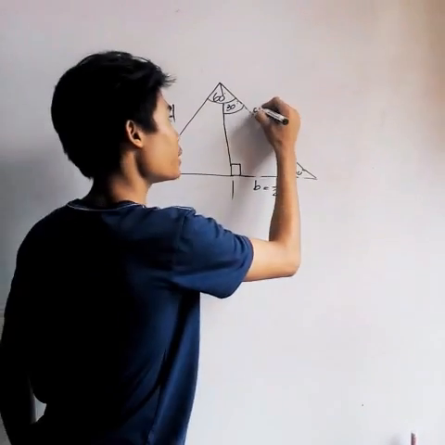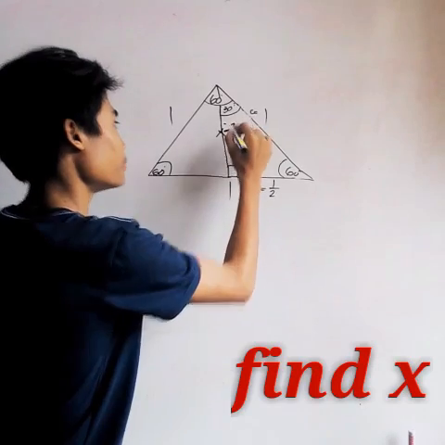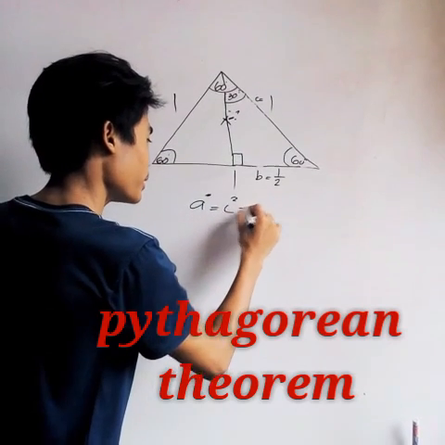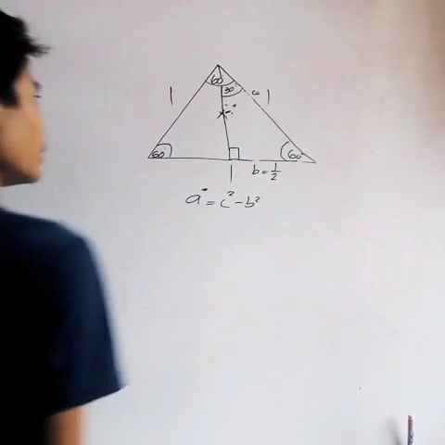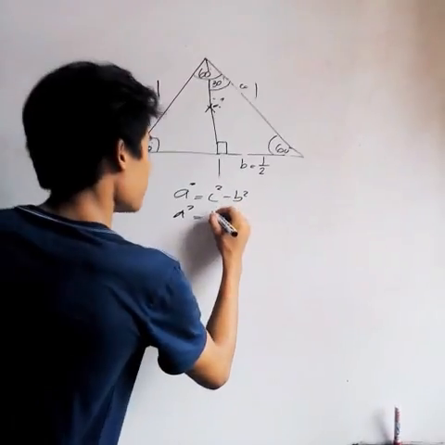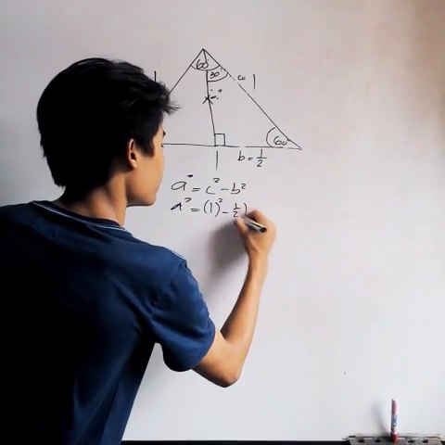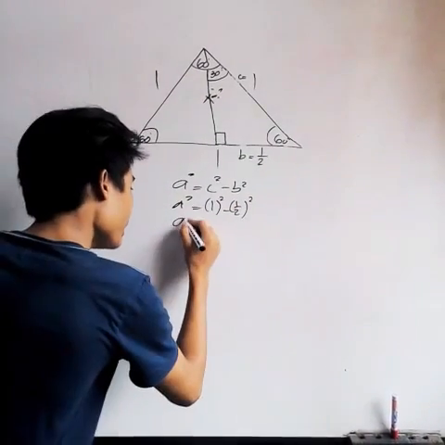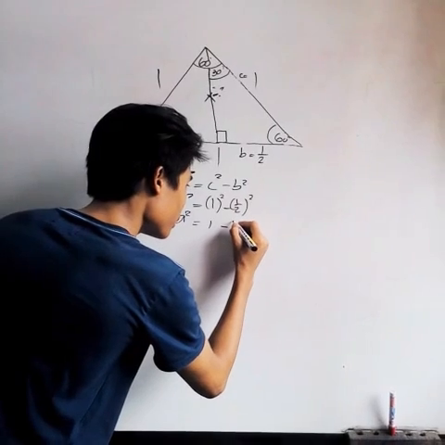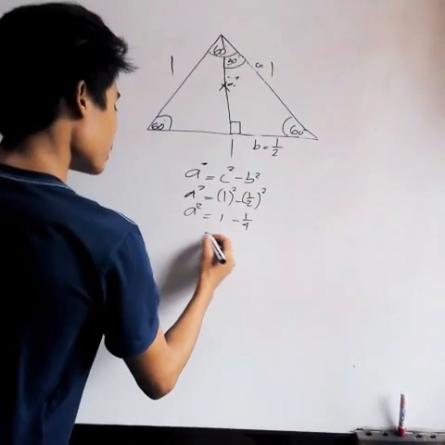This is the value of our c. And we get the value of x using the Pythagorean theorem: a squared is equal to c squared minus b squared. A squared is equal to 1 squared minus 1/2 squared. 1 squared is equal to 1. 1/2 squared is equal to 1/4. 1 minus 1/4 is equal to 3/4.